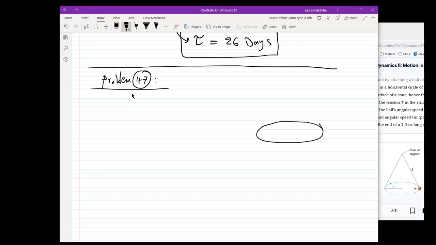And then here is the cone. There we go, that's good enough. And here's the ball, I'll make it bigger. And here's the radius right here. Okay, this is the pivot right here. The direction of the ball doesn't really matter, I'll just put it like that. And this is the length L.